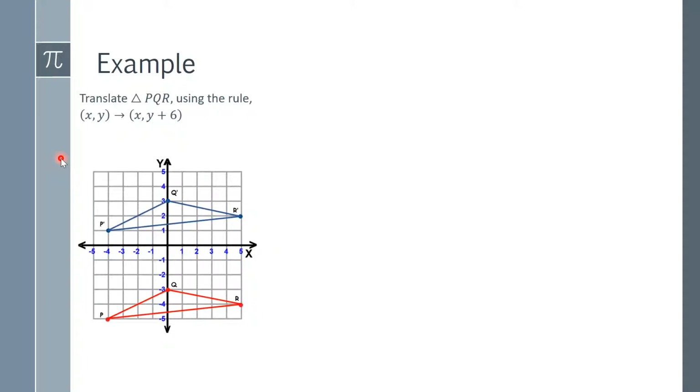And so there it is, moved up 6 units. So we count 1, 2, 3, 4, 5, 6. 1, 2, 3, 4, 5, 6. So that object, P prime, Q prime, R prime, is 6 units from the original image, the pre-image, triangle PQR.